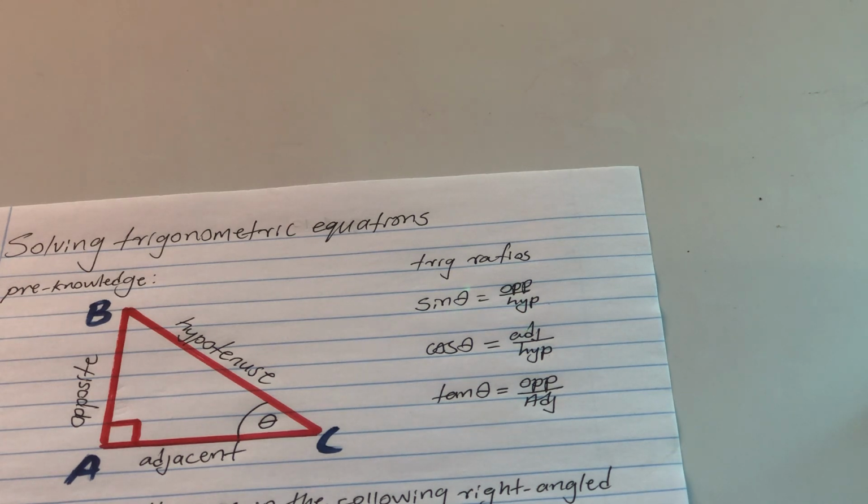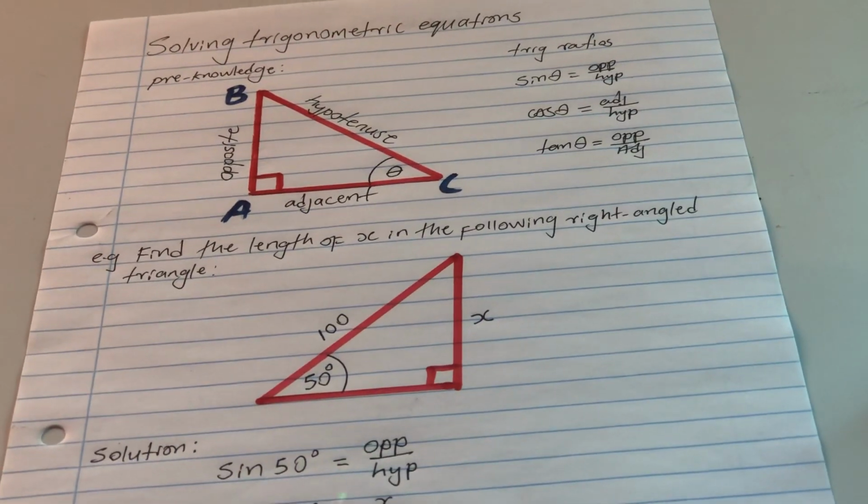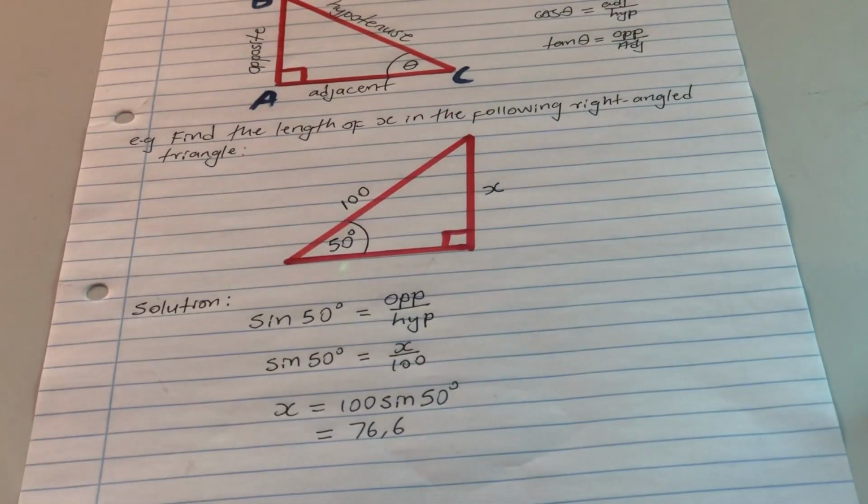It is the one for sine. As you can see, I've already put it here. It is going to be sine 50. We know that sine is opposite over hypotenuse. My opposite is x. The hypotenuse is 100.